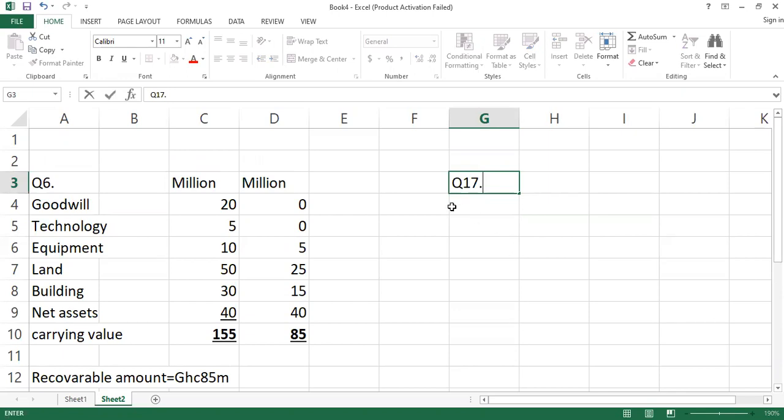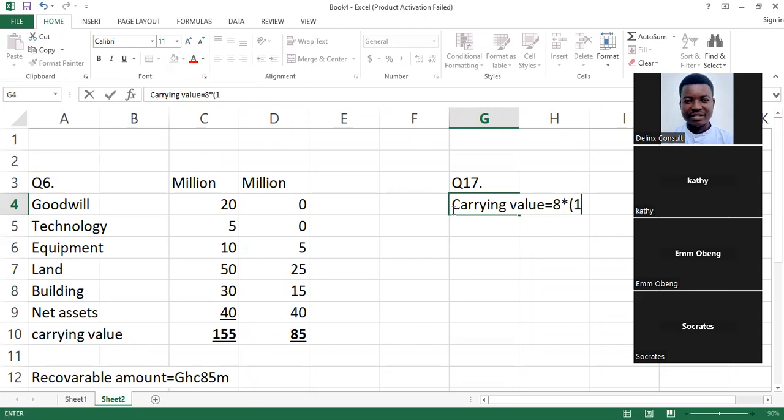So the carrying value will now be... We used the asset for how many years? 2 years. So the remaining useful life will be 8 years, isn't it? So you can use 8 multiplied by 30,000 divided by 10.